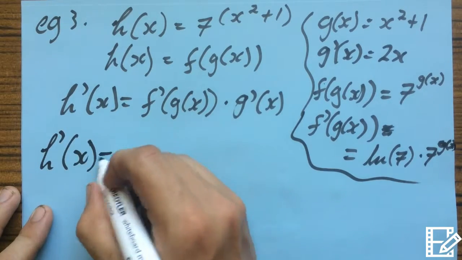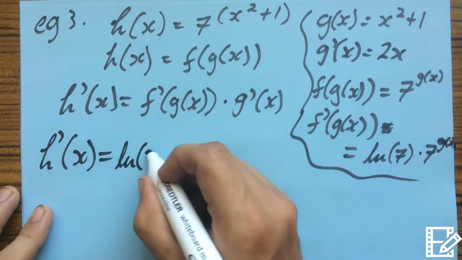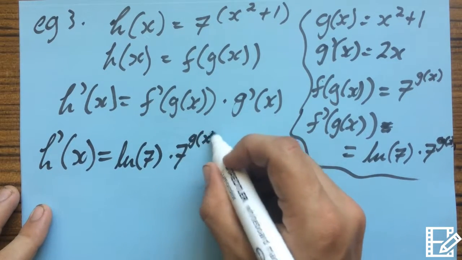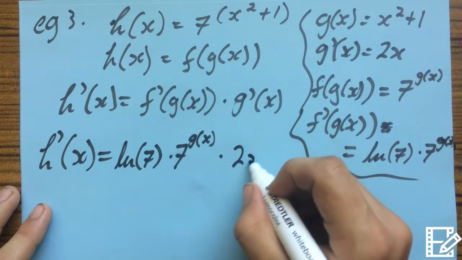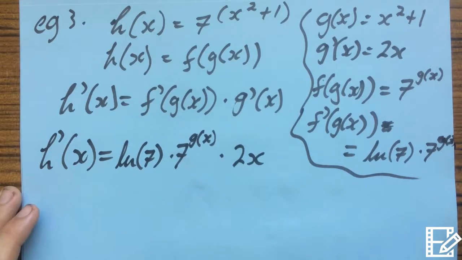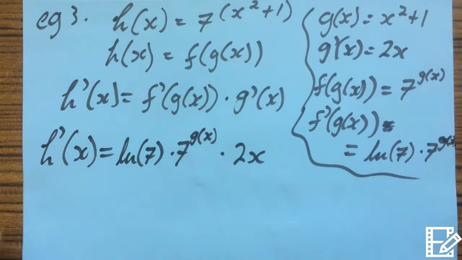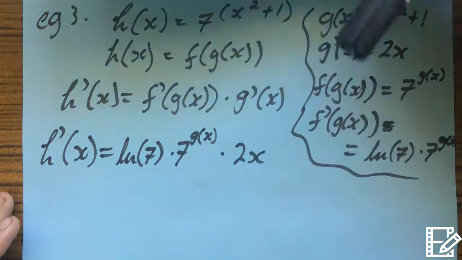If we fill this in, f dash g(x) is ln 7 multiplied by 7^g(x), multiplied by the derivative of g(x), which is just 2x. I'm not going to simplify it any further. You can rearrange it to however you want it to look. I think it looks fine, so I'm going to leave it and do another example.